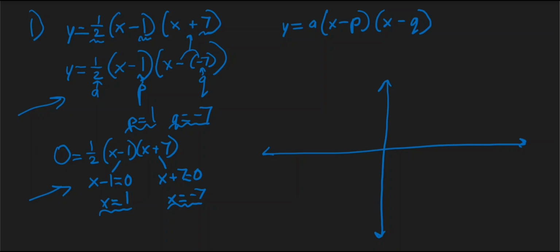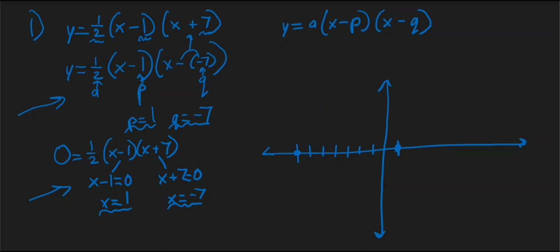So let's just graph the positive 1 right here. That's our first x-intercept, and then we also have -7, which is -1, 2, 3, 4, 5, 6, 7. All right, so we know what the two x-intercepts are. Now let's go on ahead to finding the x value for the vertex, which would be the midpoint of the two x-intercepts.